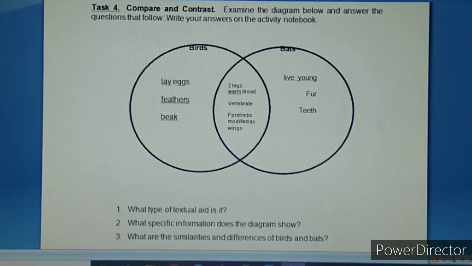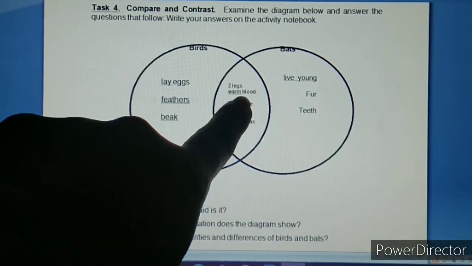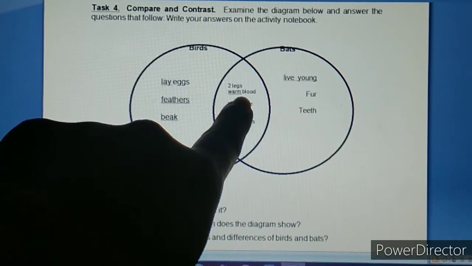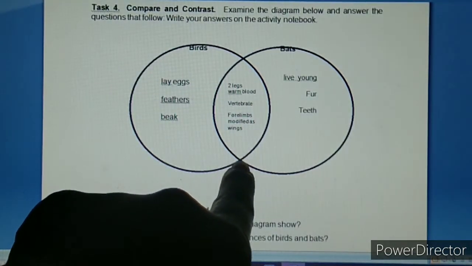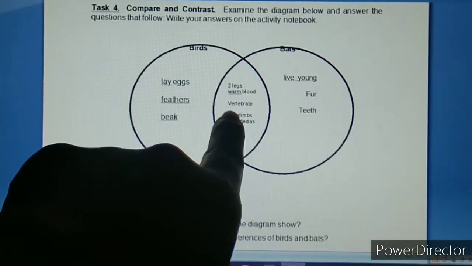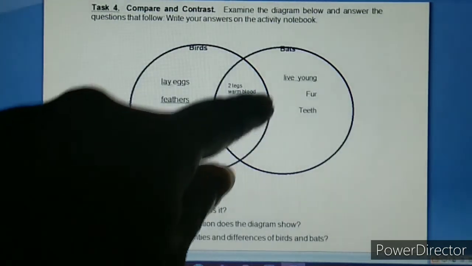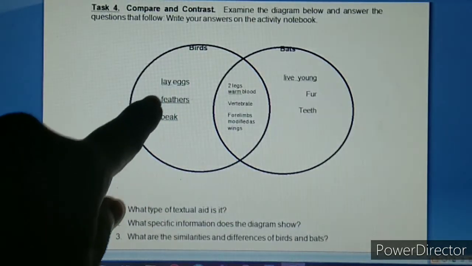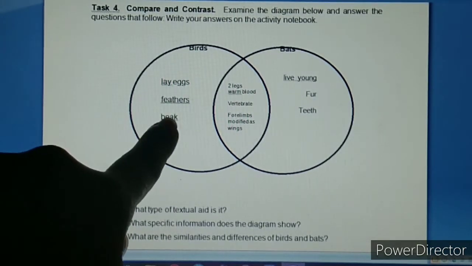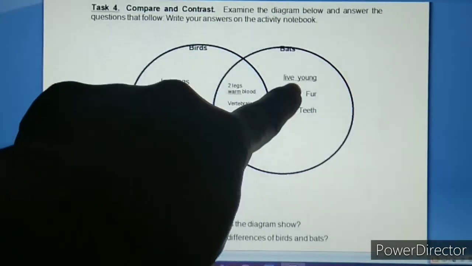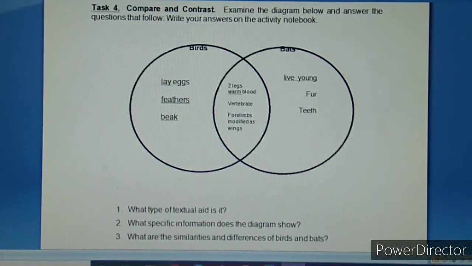Birds and bats both have 2 legs, warm-blooded, vertebrate, 4 limbs modified as wings. On the other hand, there are differences. Birds lay eggs, have feathers and beak, while bats live young, have fur and teeth. That's the correct answer for number 3.